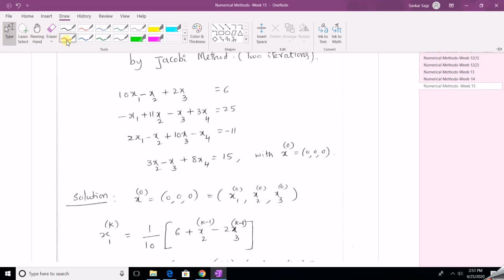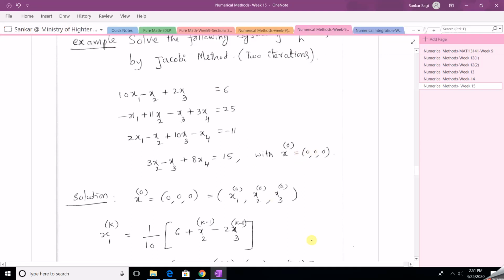In fact, I will write it here. There should be another 0 here, so the vector will have 4 zeros, because here we can take x4 also.